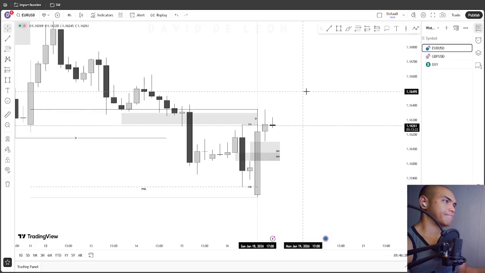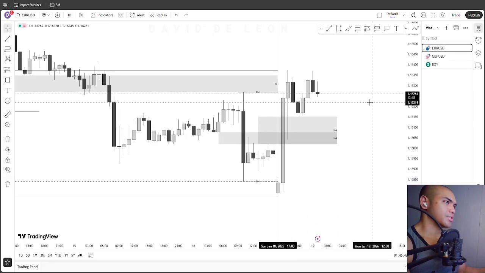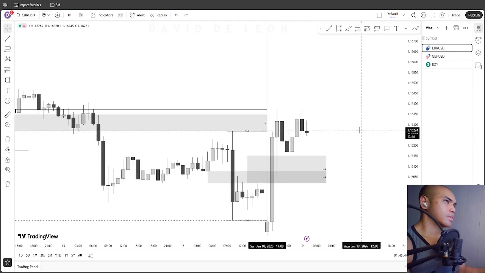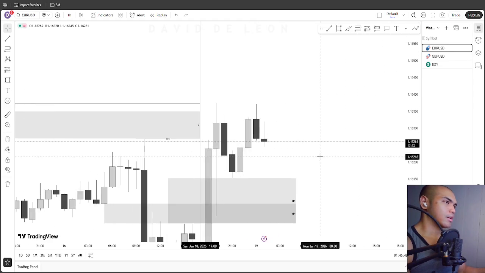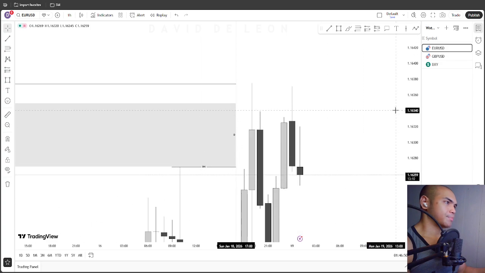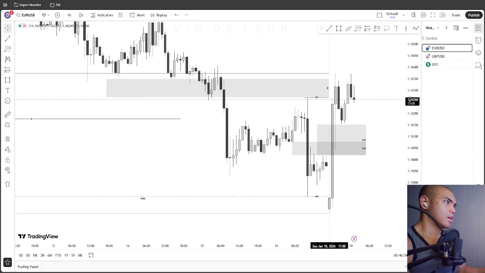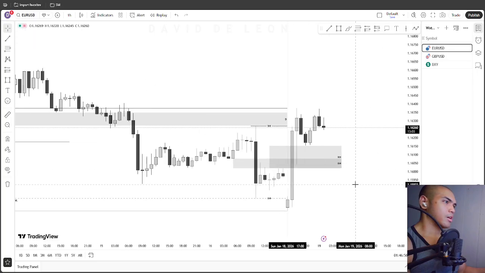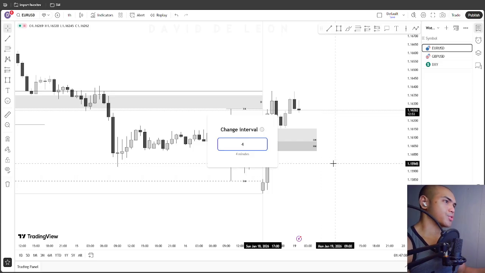And let me check a bit what's happening on the H1. Let's see if I can form a trade setup. But no, since there's a bank holiday in the US today, I'm not going to look for any trade setup.